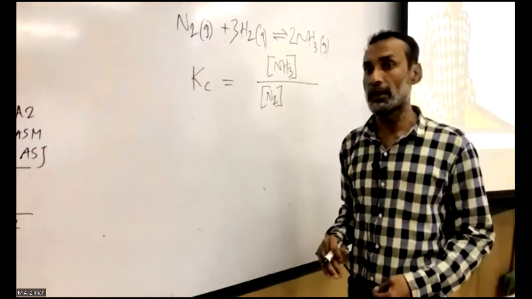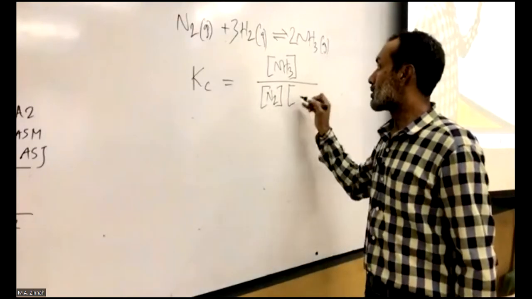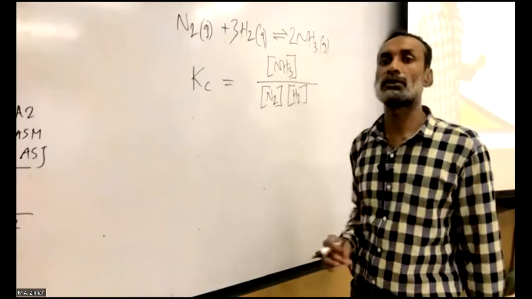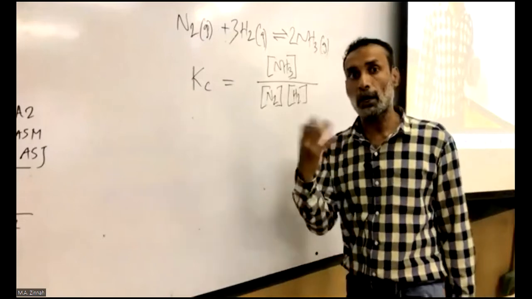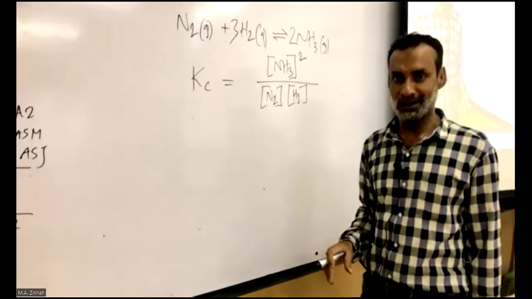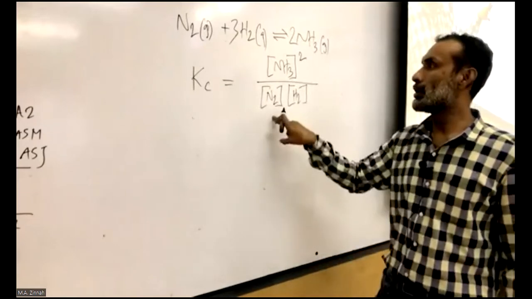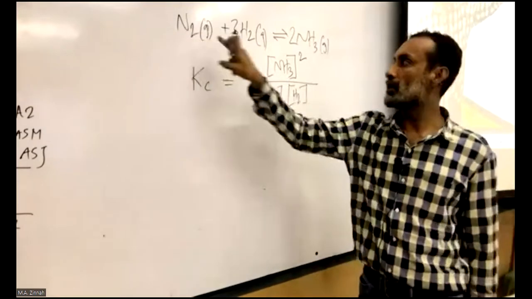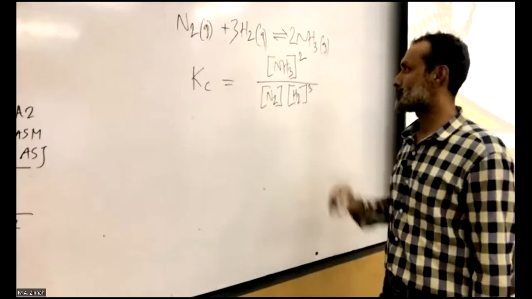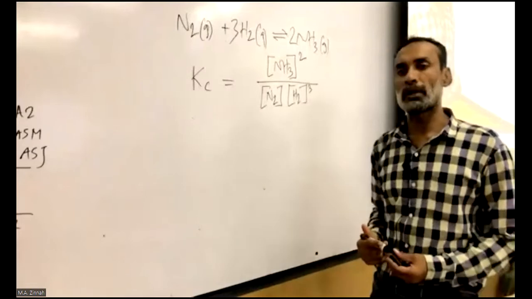Basically state symbols are very important, but for quick writing, this is there. Concentration of products divided by concentration of reactants. The stoichiometric number is written as a power of the concentration. Here is nitrogen, no number before it, but before hydrogen you get 3, so 3 will be the power here. So this is the equilibrium constant.